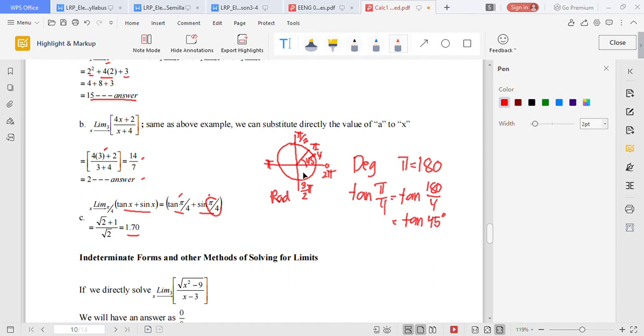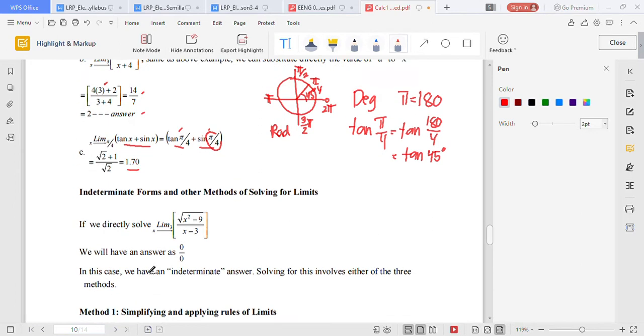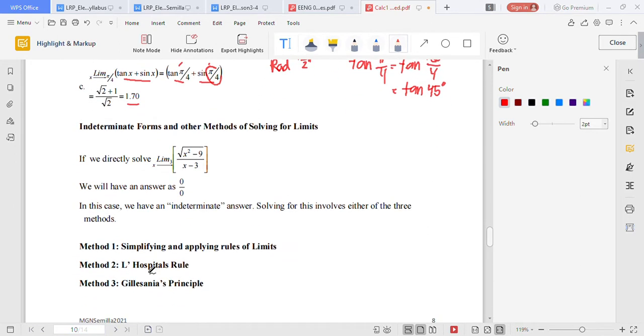Okay. So, I have here, getting these values of tangent pi over 4 and sine pi over 4. So, we have 1.7. Okay, so in solving for the functions, we have indeterminate forms and other methods of solving for limits.